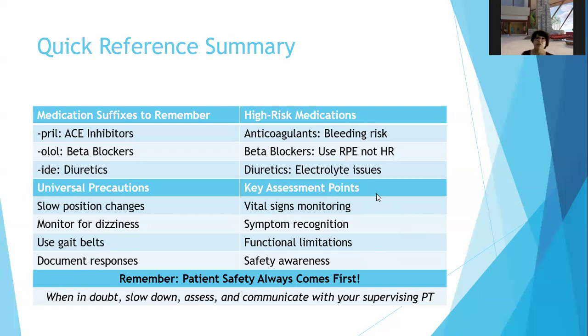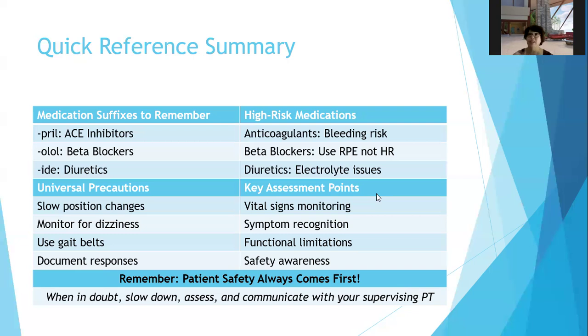High-risk medications include anticoagulants for the bleeding risk, beta blockers because you can't use heart rate to monitor exertion, and diuretics because of potential electrolyte issues. So we are going to monitor vital signs, recognize those symptoms early, recognize the patient's functional limitations, and patient safety always comes first, always. When in doubt, slow down, assess, and communicate with your supervising PT.